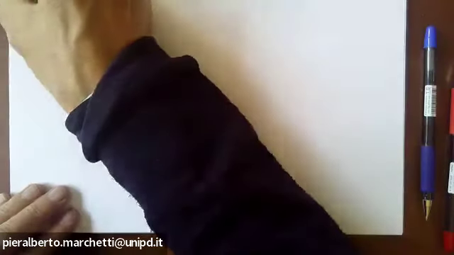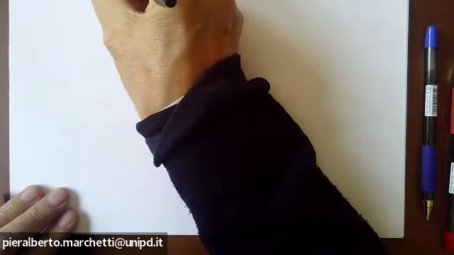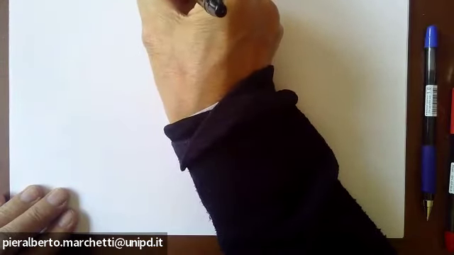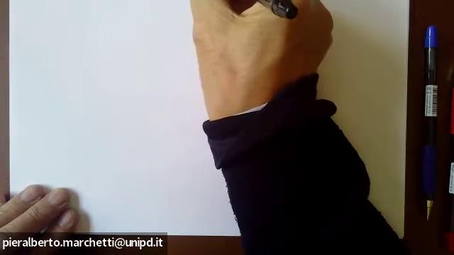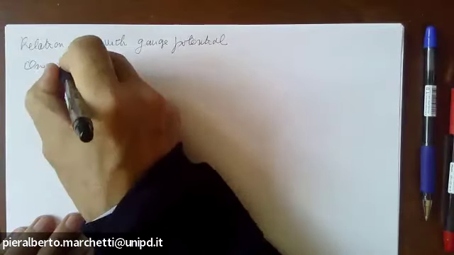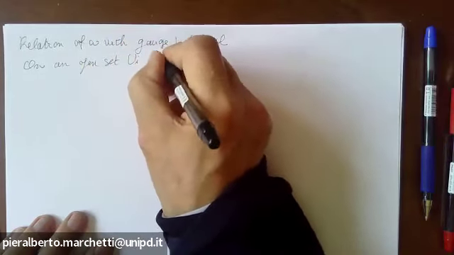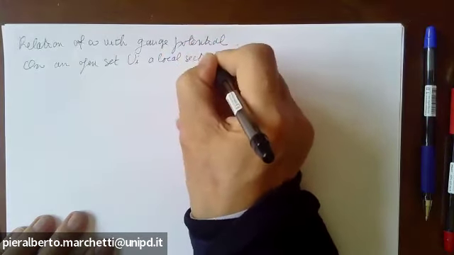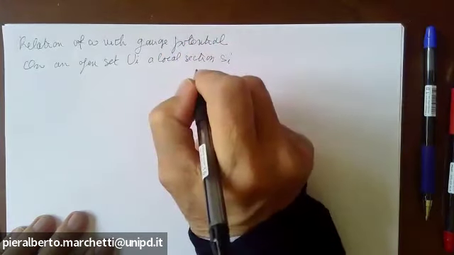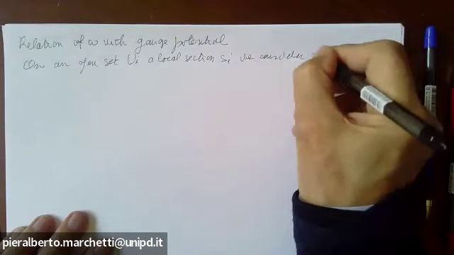So let's see the relation of omega with the gauge potential. On an open set, called UI, with a local section SI, we consider a trivialization.